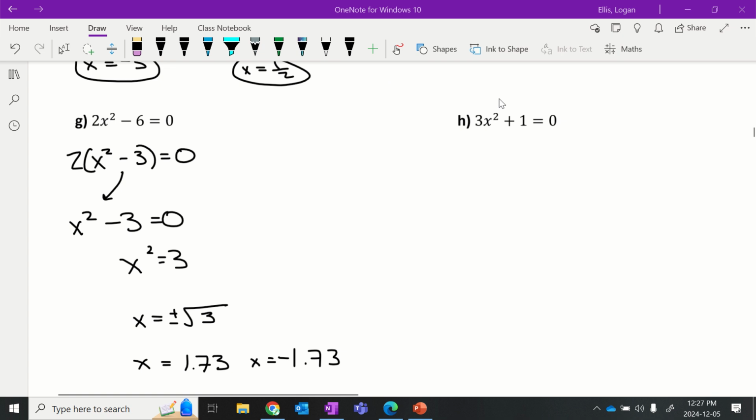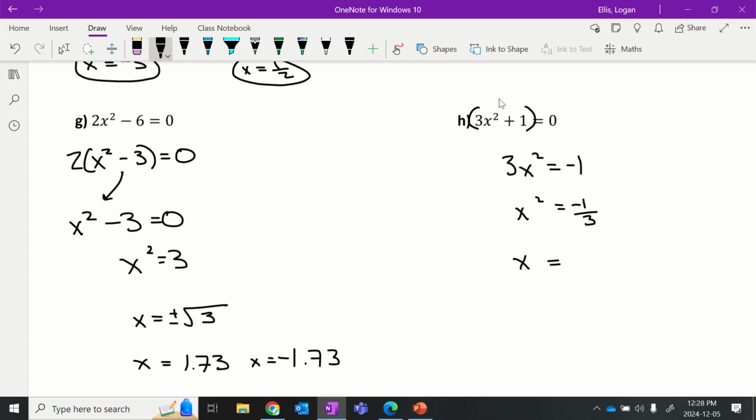All right, so this one is going to be a little bit more interesting because when you try to do this, again, you can't factor this. There's no middle number here. It's not a difference of squares. It's not pretty. So you can just pretend that's the whole thing there. As we set that equal to 0, you'd go 3x squared equals -1. X squared equals -1 divided by 3.